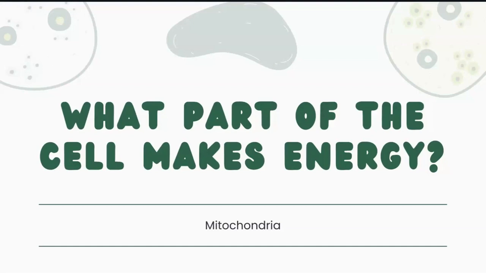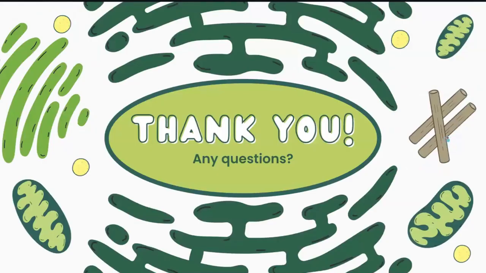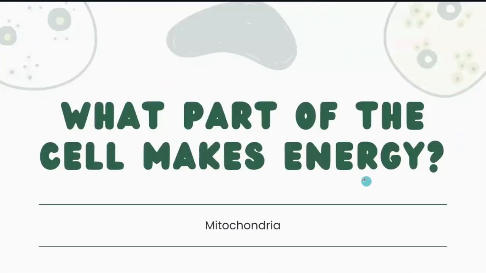But the main purpose of the mitochondria is to create energy for the cell. Isn't it called ATP? Yes, yes, yes. I didn't have that as a question. You guys are so good.